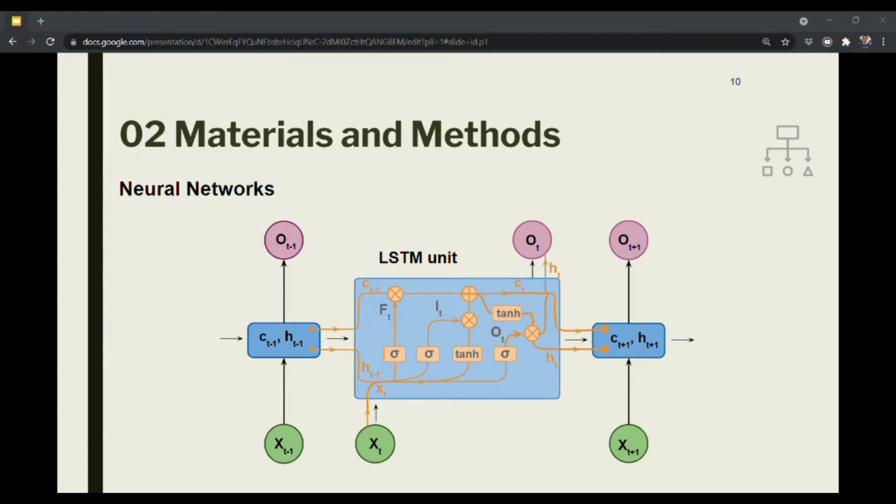LSTM is a special type of RNN consisting of an input layer, an output layer, and a series of recurrently connected hidden layers known as blocks. In neural networks, parameters must be defined at the beginning of the training process, such as the number of hidden layers and nodes, learning rates, and activation functions, among others.